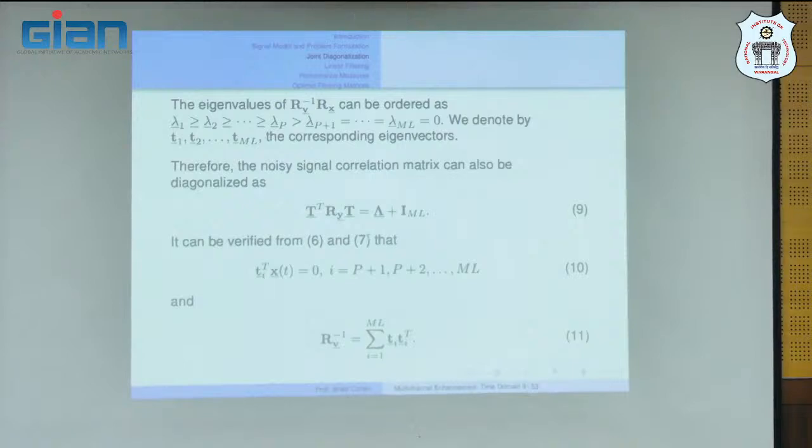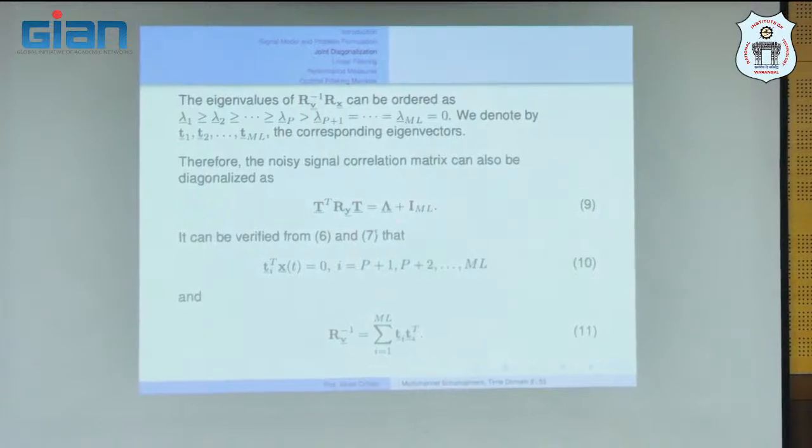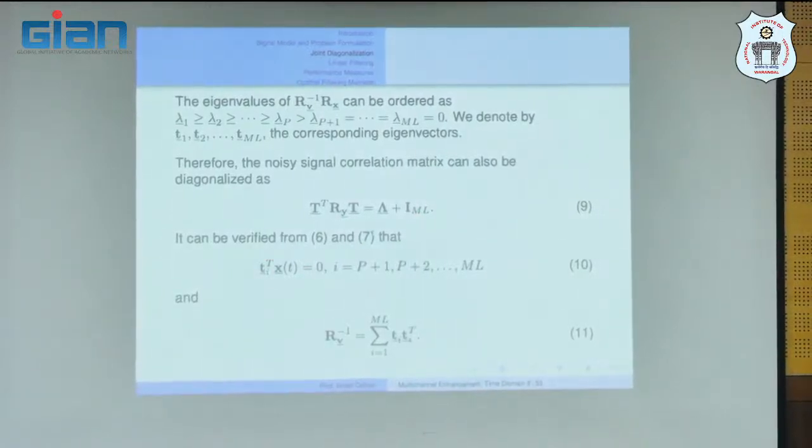And we have properties like this: if we diagonalize the matrices Rx and Rv, then of course the matrix T also diagonalizes the correlation matrix of the measurements. We also know that the inner product between the eigenvectors and any signal is strictly 0 for the eigenvectors with eigenvalues which are 0, just like what we had with the single channel.